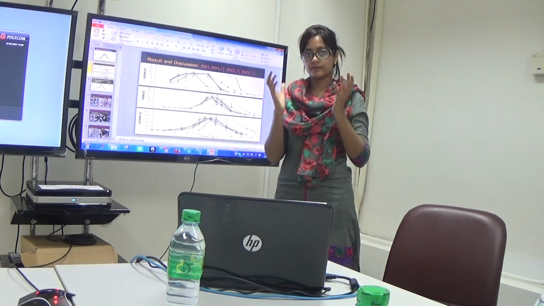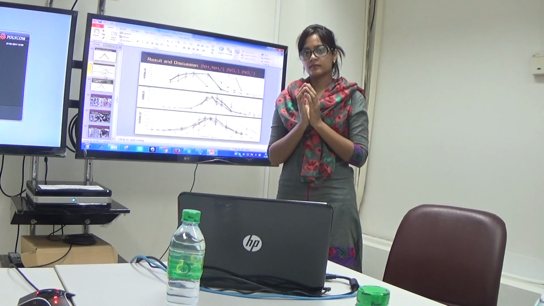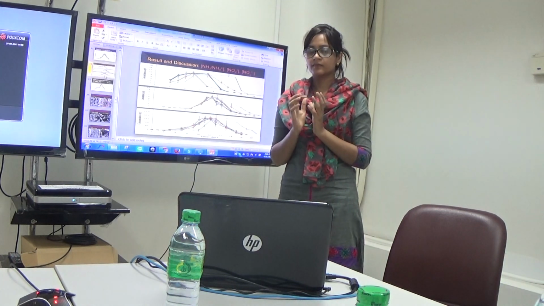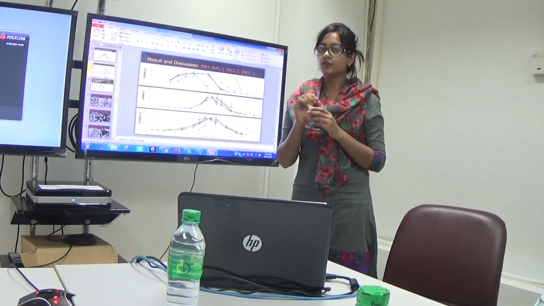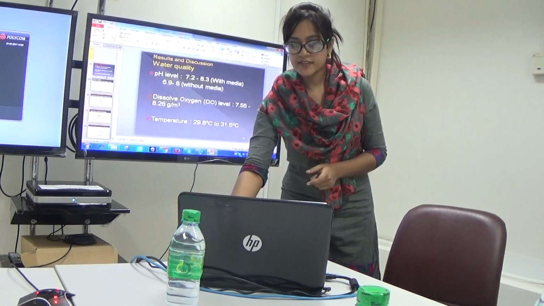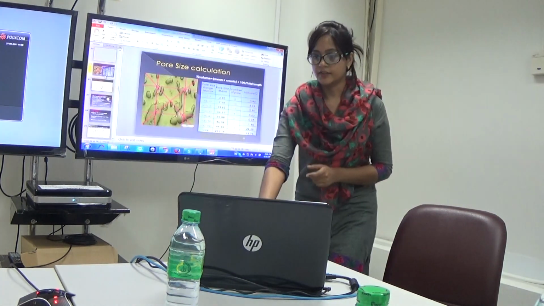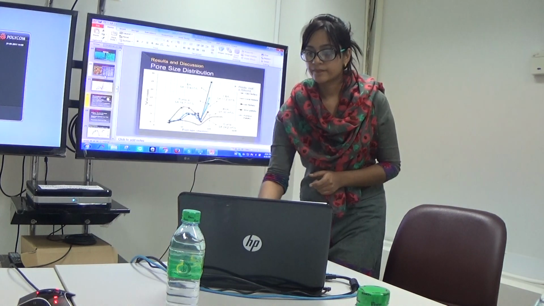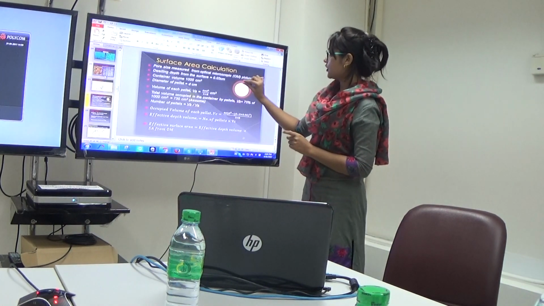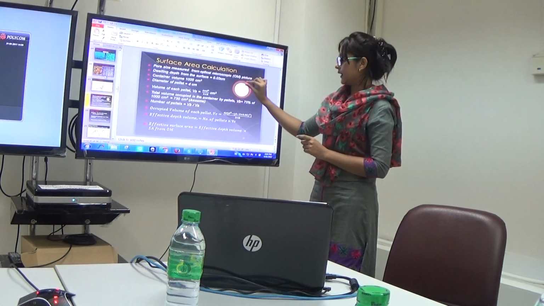But you say that the microorganism will grow on the outer surface area, not inside? Yes, not inside. That's why in our surface area calculation, this one, we take only this surface to take the volume.